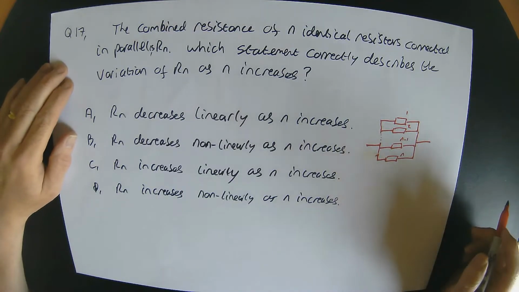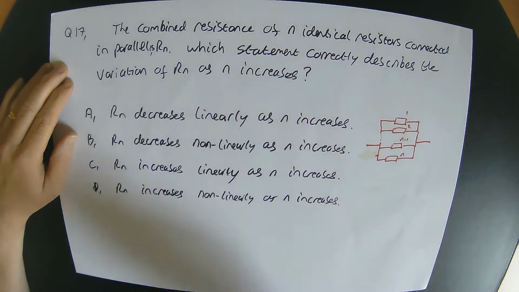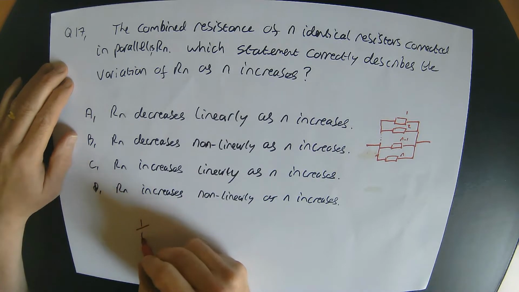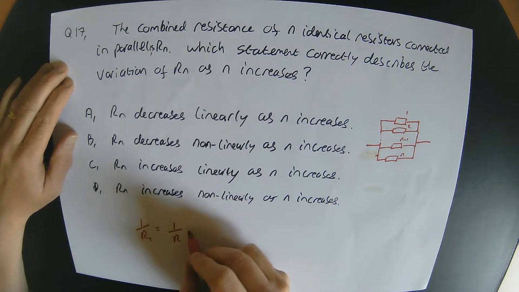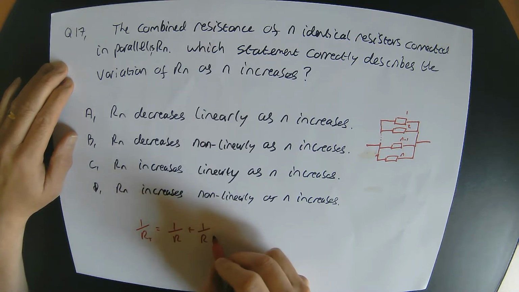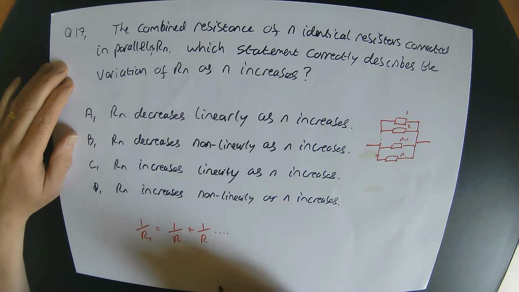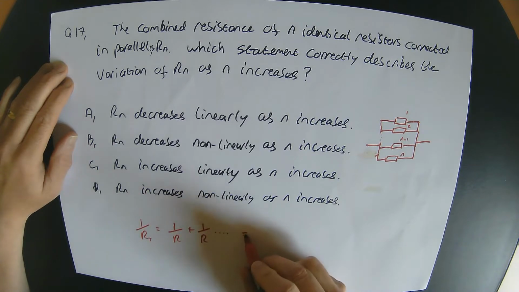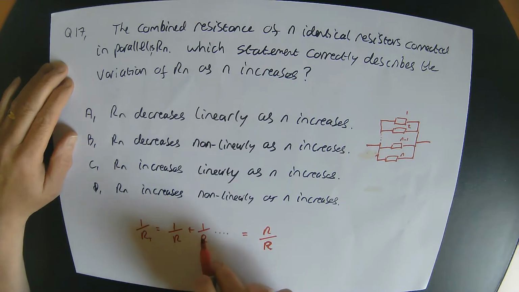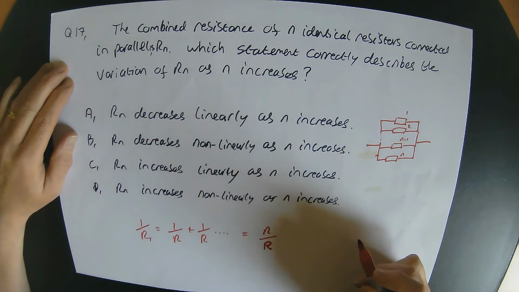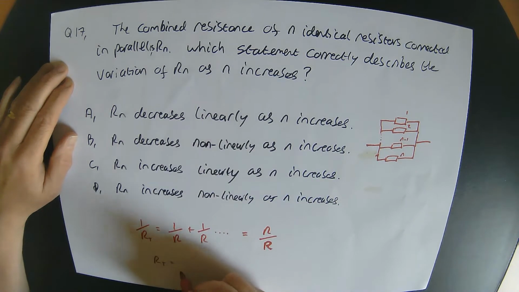We can show quite easily that if you keep adding resistors of the same value R in parallel, 1 over the equivalent resistance is 1 over R plus 1 over R, and so on. If you do that n times, then you get n over R, because it's 1 over R, 2 over R, 3 over R, 4 over R. And the equivalent resistance is the reciprocal of that.